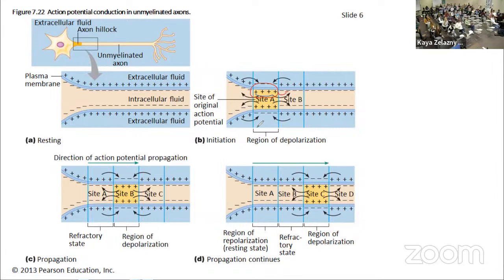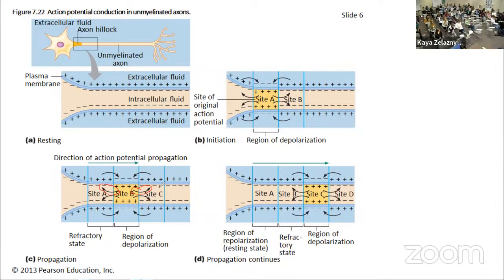But sodium ions don't know which end is the axon terminal. They're just spreading out, so they're actually spreading in both directions. If we compare, for example, on this figure, figure C, we can see those positive sodium ions spreading back to site A, as well as spreading forward to our next site, site C.